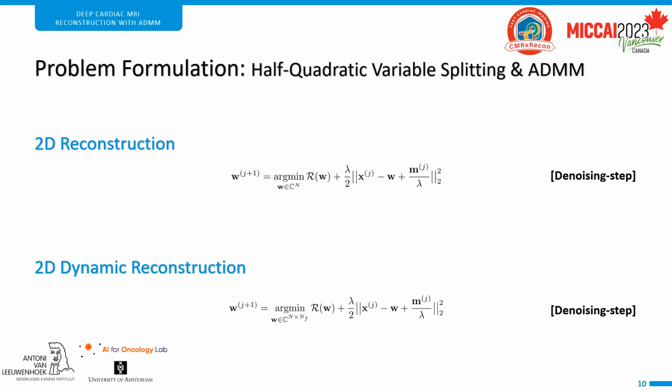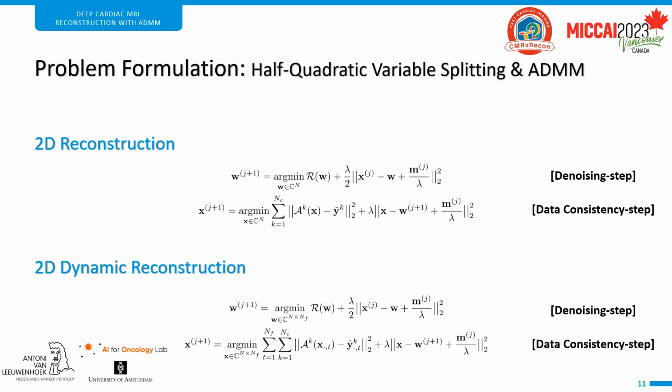First, a denoising step is performed on the auxiliary variable introduced by the half-quadratic variable splitting method. Next, a data consistency step is applied on the target image. And lastly, a multiplier step which updates the Lagrange multipliers of ADMM. It's important to note that lambda is a positive penalty parameter. These 3 equations form the foundation of the deep learning module we will be employing.